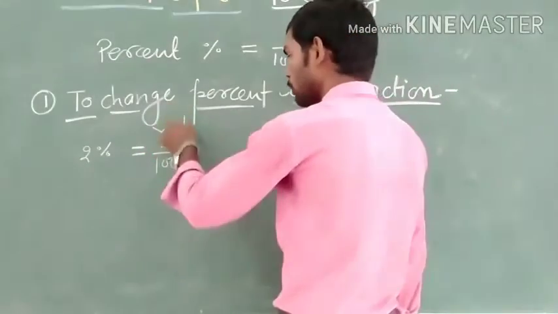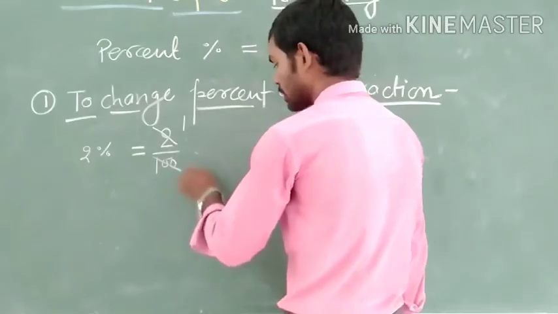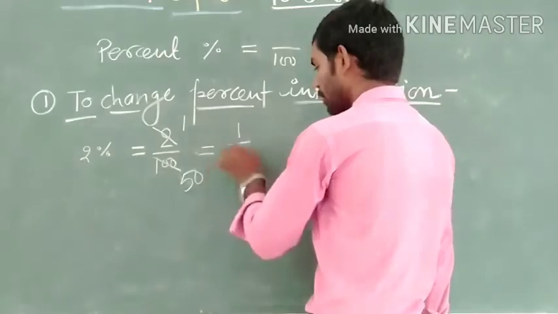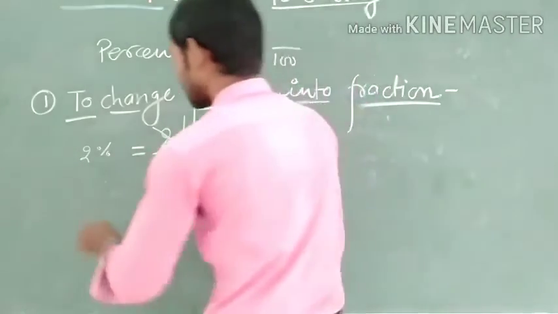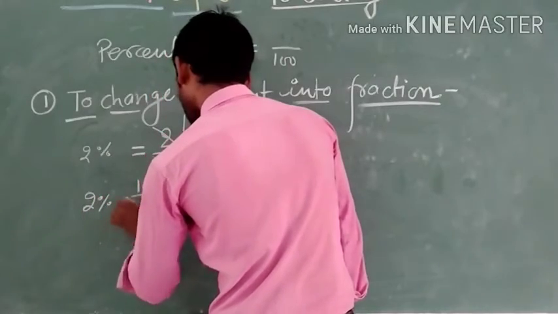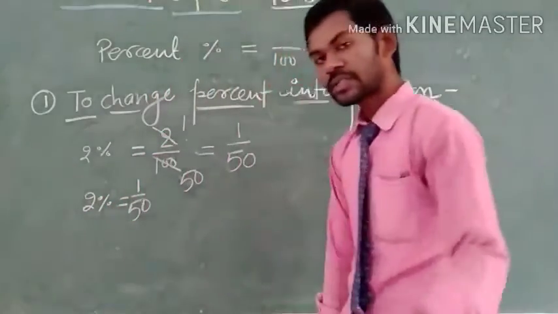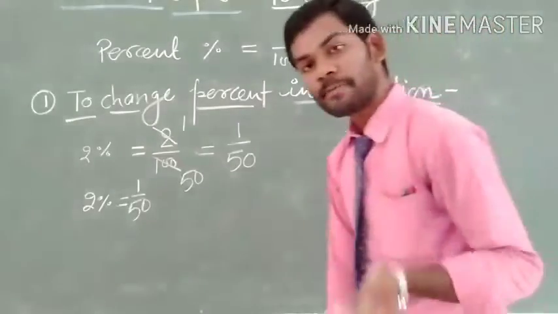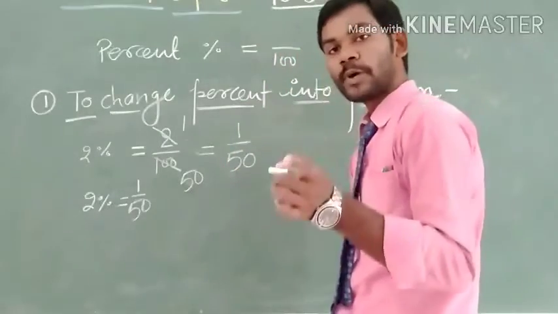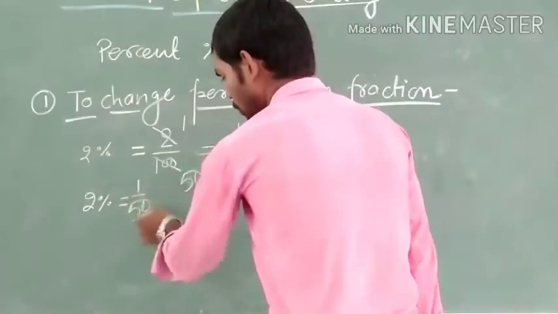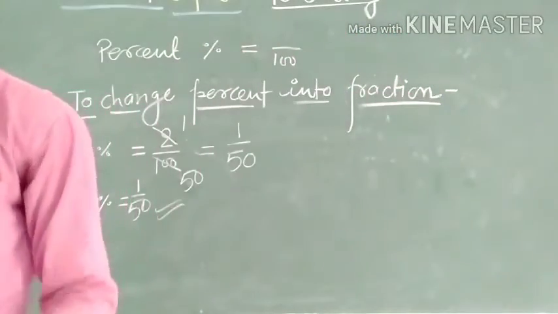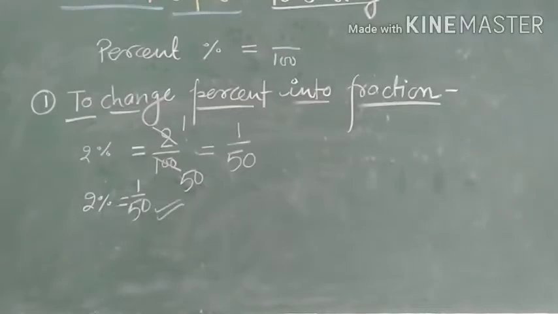Therefore, 2 ones are 2 and 2 fifties are 100, and hence we get 1 upon 50. So 2% is equal to 1 upon 50.